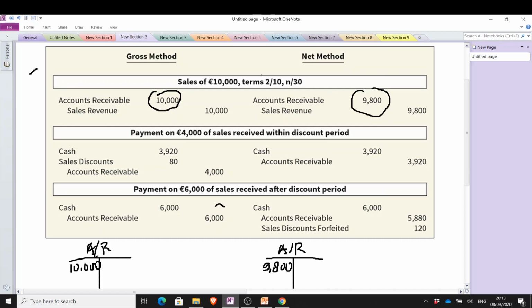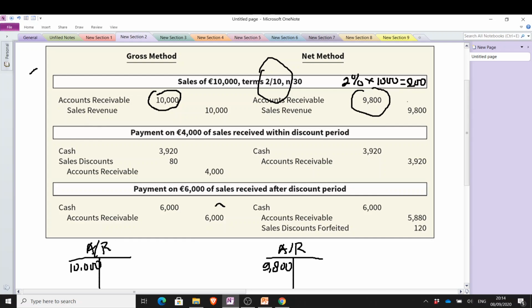Because of this discount. It is assumed that this 2% will be taken by our customer, so this 200 euros will be taken.